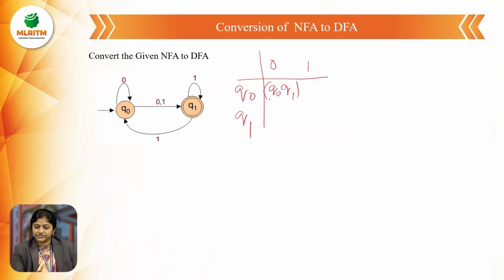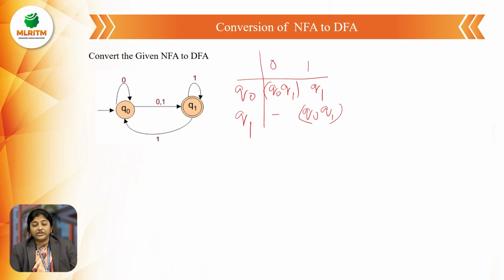Q0 on 1, where is it going? To Q1. And Q1 on 0, is there any state it is reaching on 0? No. So, empty. Q1 on 1, Q0 also, and Q1 also. So, this is just the transition table for the given NFA.